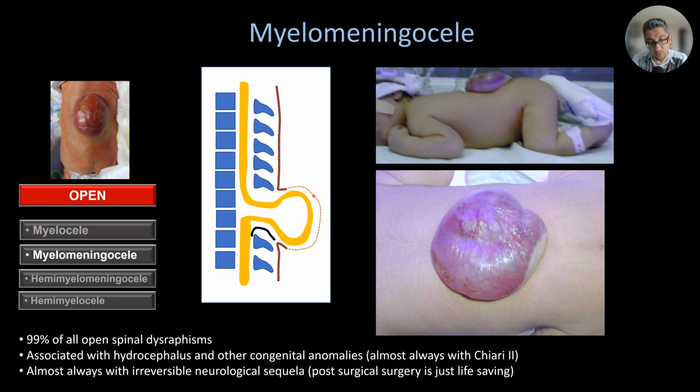There is no overlying normal skin but just a thin membrane, almost always associated with Chiari II malformation and almost always irreversible neurological sequelae below the level of the placode. And there is usually hydrocephalus, but this is changing due to the fetal surgery. And we see more normalized patients after surgery.